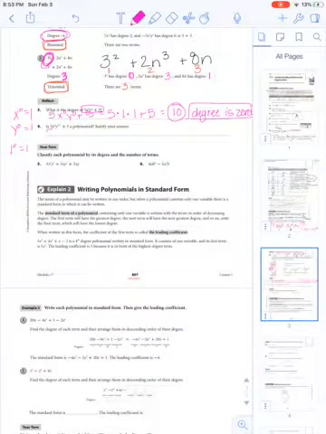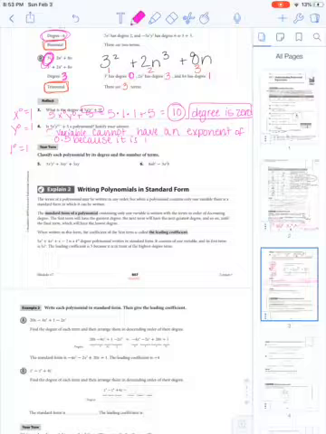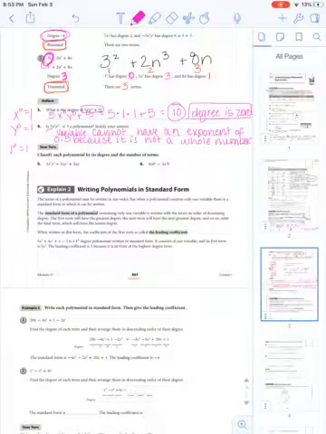Well, we know that variables cannot have an exponent of 0.5 because it is not a whole number. So, no, it is not.